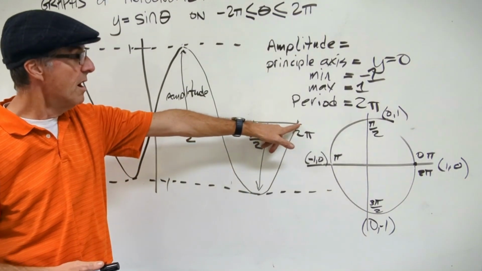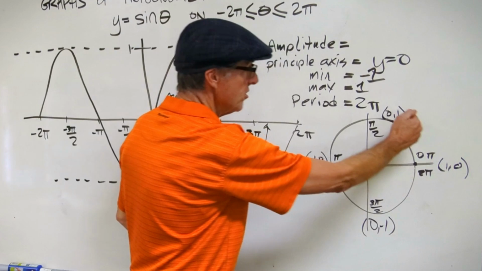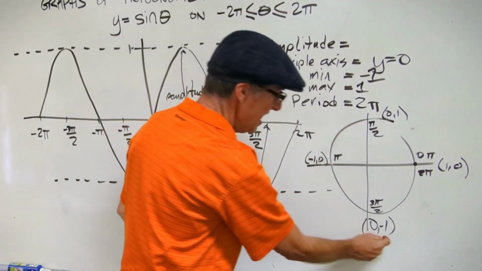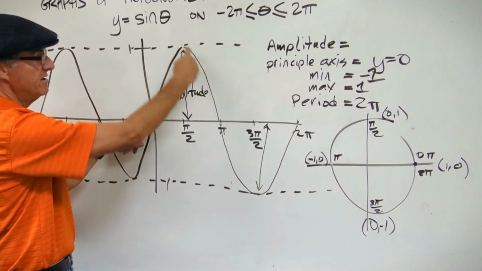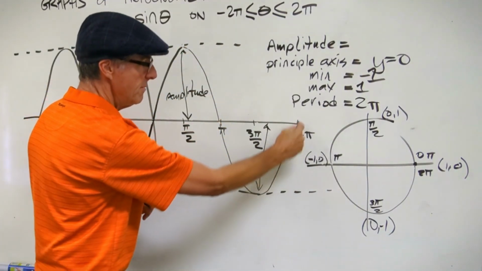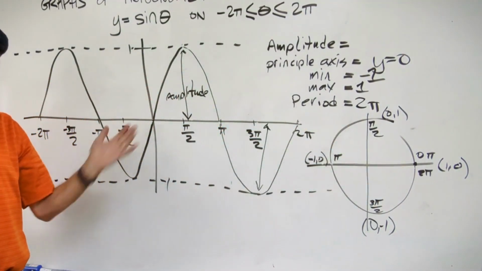And indeed, here we are back at 0. So you can see how the y values go from 0 to 1 to 0 to negative 1 back to 0, just like on our graph. So this is directly related to that.